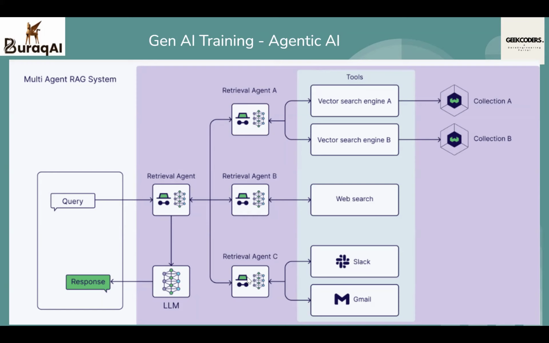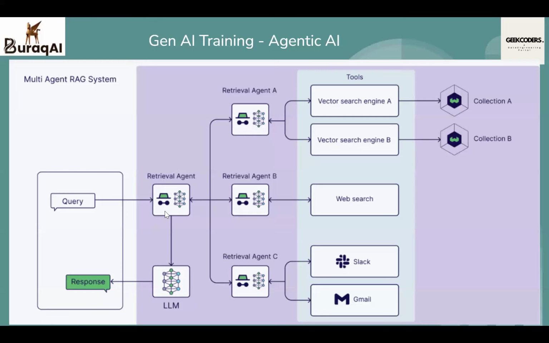Or if it is a communication agent where you want to send out a notification, it can have tools that connect to Slack or Gmail to send out notifications or get information from. This agent will then send it back to the LLM, and whatever information has come back, it will format and send as a response. But as you can see, every agent has its own LLM.